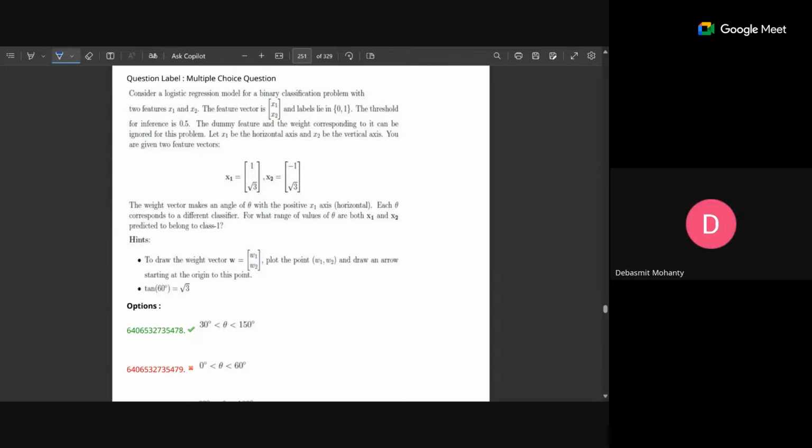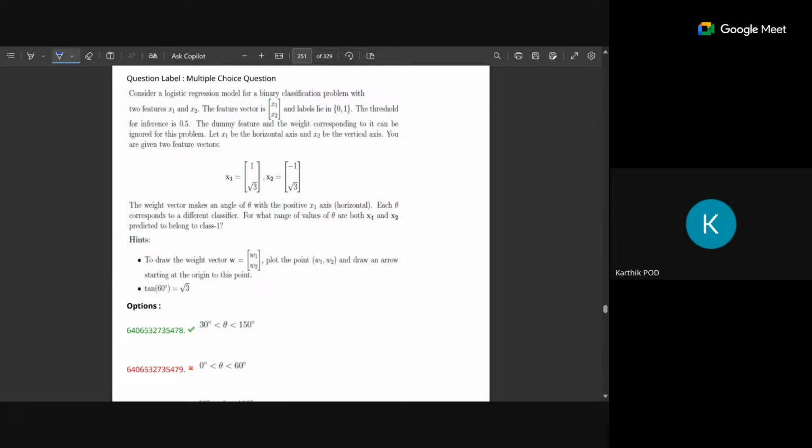We started with that angle theta, but how much can theta vary, say from 30° to 150°? Then I can pick any classifier at that angle and it will still give the correct classification, but if I go below 30°, it won't. What's the flexibility? I can choose any classifier which falls into this feasible region.